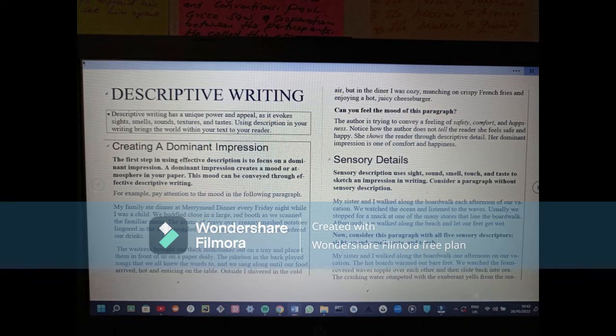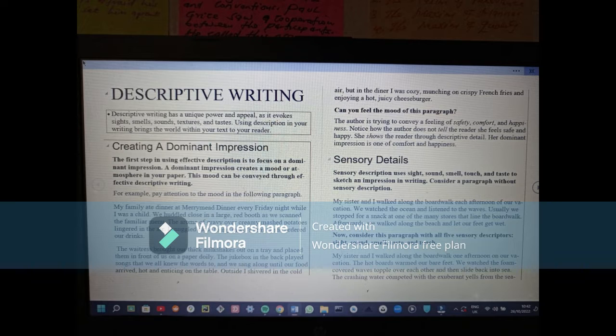We also see that here the writer says, outside I shivered in the cold air, but in the diner I was cozy, right? So there's a feeling of safety, this feeling of comfort, and this feeling of happiness. So that is the mood that is created here.